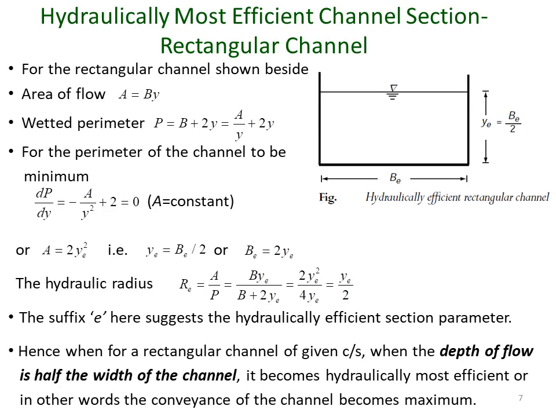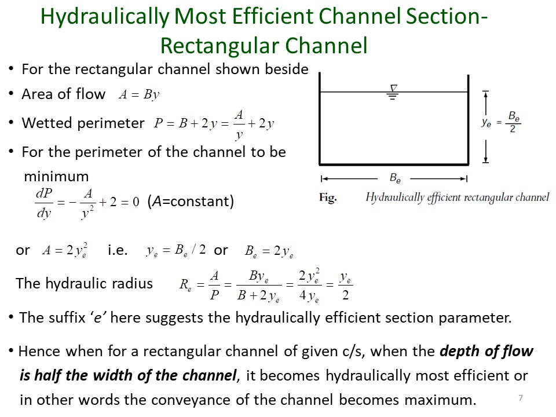We take an example of a rectangular channel at first, and of course the area of flow is A equals B into Y, and the wetted perimeter is given by B plus 2Y. Here B can be written as A by Y, so the wetted perimeter can be written as capital P equals A by Y plus 2Y.